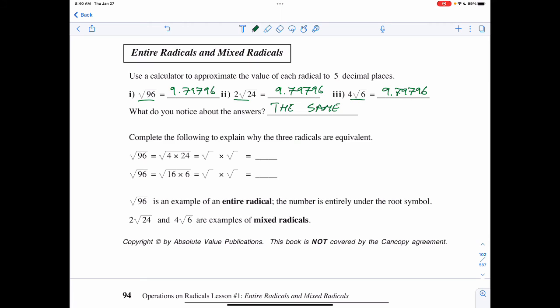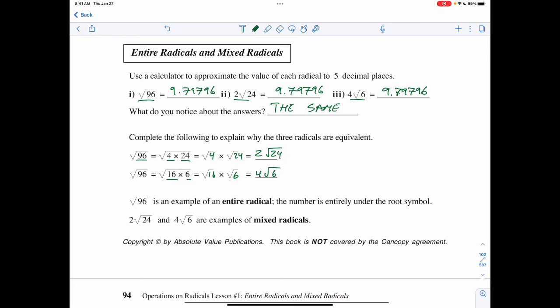So if I said that I had the square root of 96, then one set of factors of 96 is 4 and 24, which means that it's the same as the square root of 4 times the square root of 24. The square root of 4 is just 2, because it's a perfect square, and I can multiply it by the square root of 24, and I have an equivalent form. If I did the same thing and pulled out the factors of 16 and 6, the square root of 16 times the square root of 6, well, the square root of 16 is just 4, and the square root of 6.